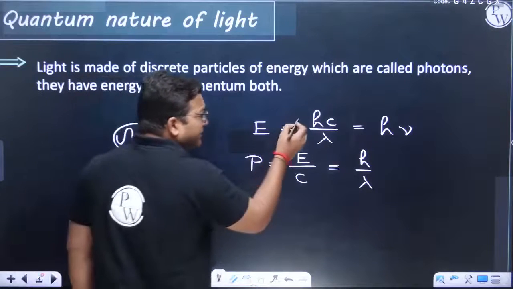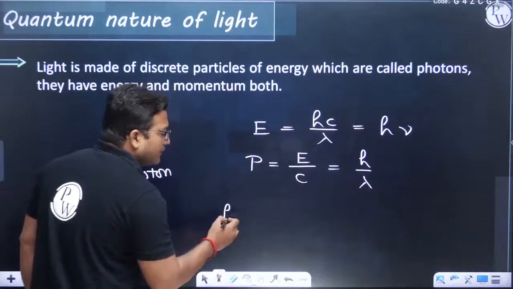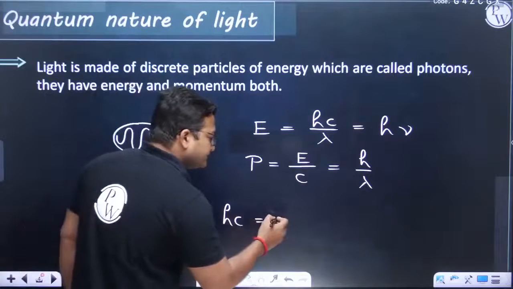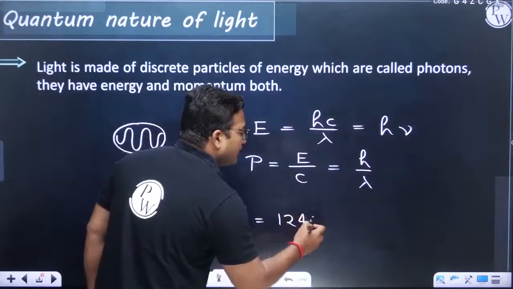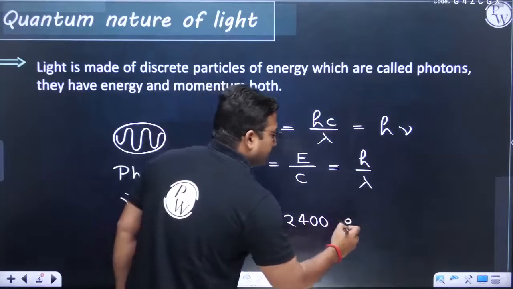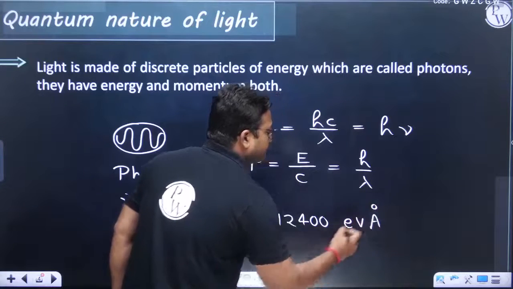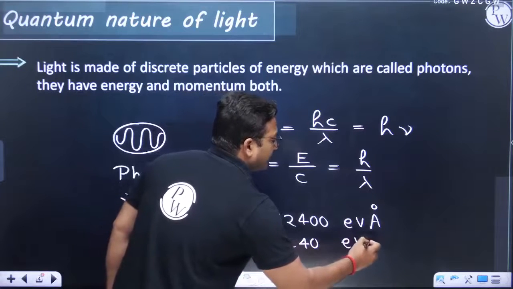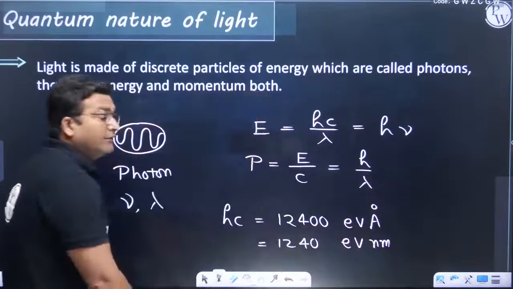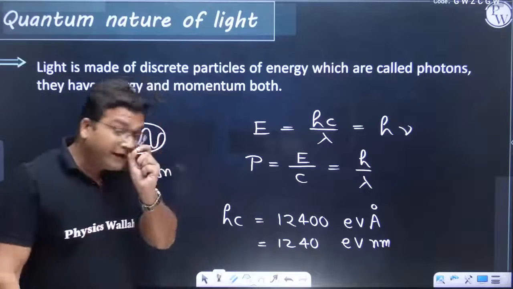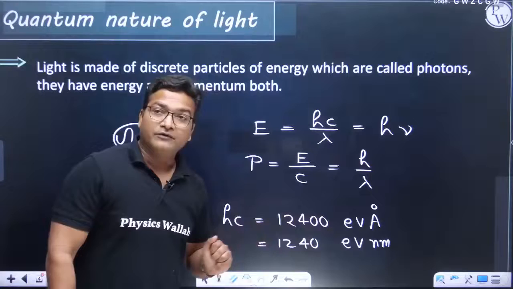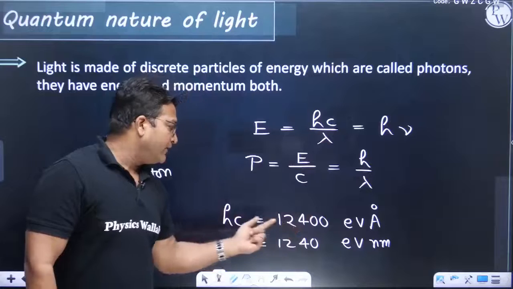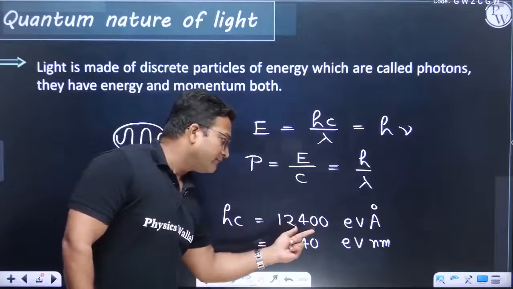But the multiplication hc, obviously you can find the value of hc in SI unit, but hc is also equal to 12400 electron volt angstrom, or 1240 electron volt nanometer, right? So if energy is required in electron volt and we are given lambda in angstrom, we have to use the value of hc as 12400, right?